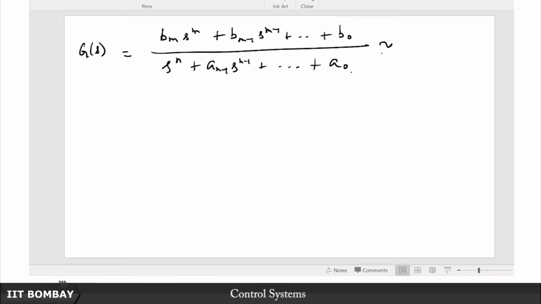And we are trying to approximate this by 1 over s minus alpha to the n minus m, where the unknown is this alpha. This is what we are trying to evaluate.